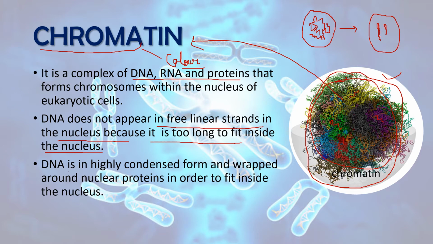DNA is in highly condensed form and wrapped around nuclear proteins in order to fit inside the nucleus. So the DNA gets compacted with the help of the proteins present inside the nucleus, and these proteins are basically histone proteins. So DNA gets condensed and wrapped around nuclear proteins, histone proteins, so that it can fit inside the certain space that is present inside the nucleus.